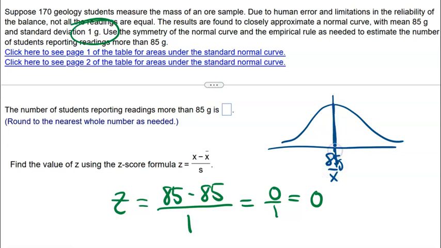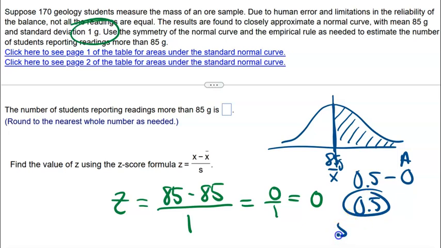The area under the curve between 85 and 85 is 0. But remember, we're calculating the tail. Whenever you calculate the tail, remember you do 0.5 minus the A value on the chart, which was 0, and that gives us 0.5, which is that 50% that we multiplied by the 170. I almost wrote 85, but that was my answer, times that 170.